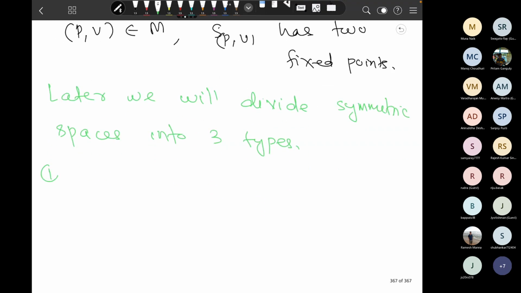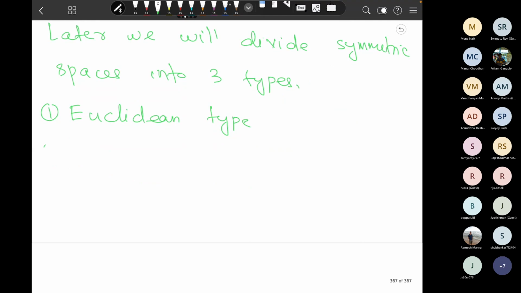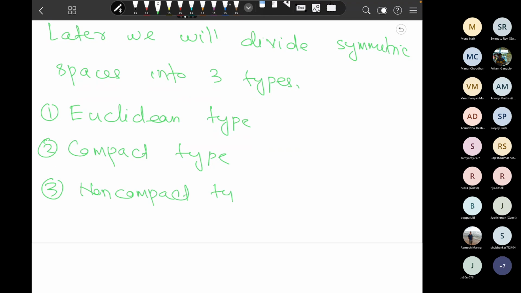First is the Euclidean type, and this is the compact type and the non-compact type. So the Euclidean type is your R^n. One prototypical example is S^(n-1). One prototypical example is H^n.